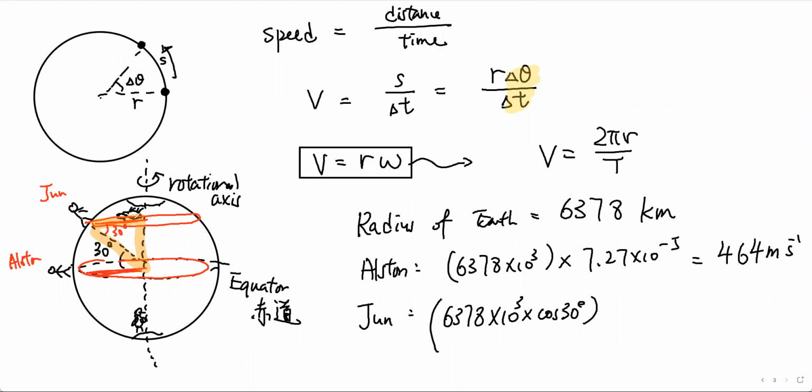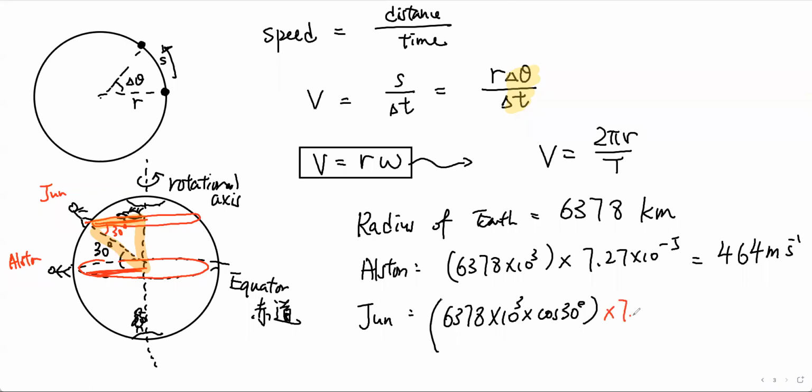Any question? No. This is the hypotenuse. This one is the radius of the Earth. Then times cosine 30 degrees, then you get the radius of June.